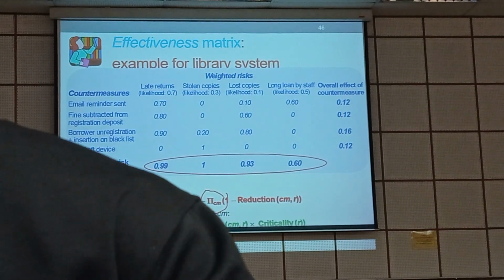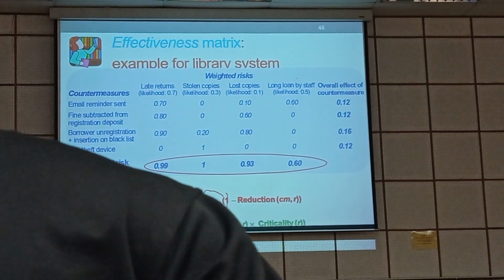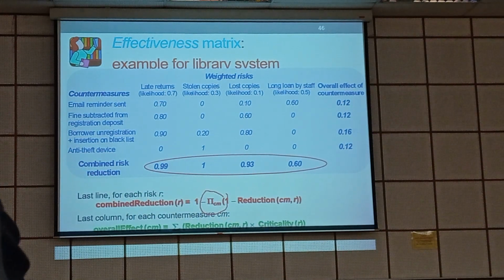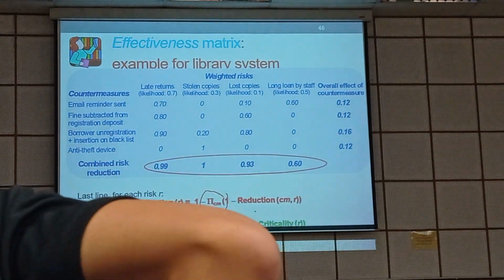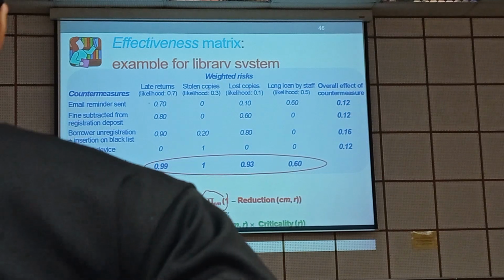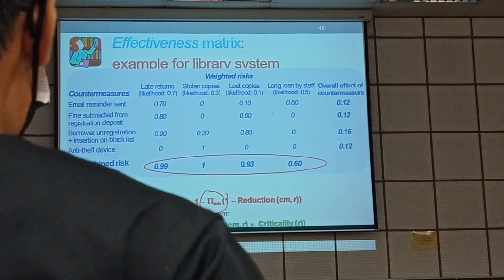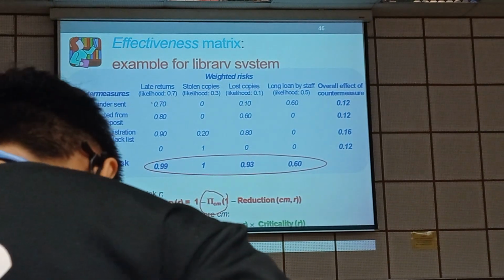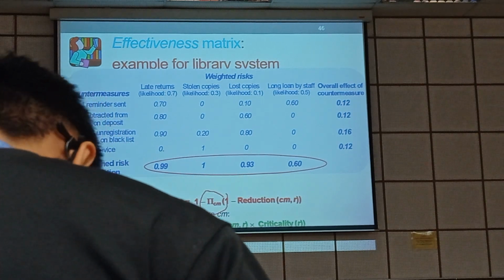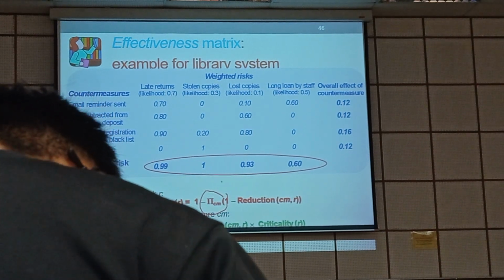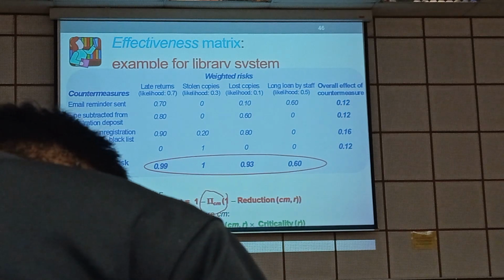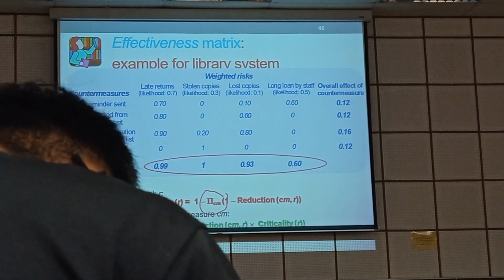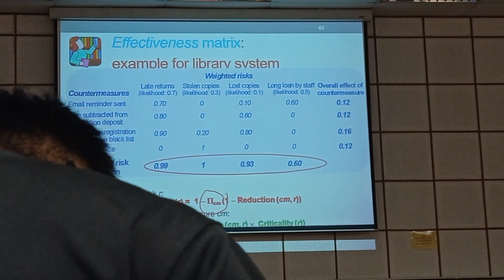Okay? Now how to do? One example. Listen, listen. 1 minus reduction. Class, this one is the reduction value. So 1 minus reduction, 1 minus reduction. Then projection of the value, minus from 1.